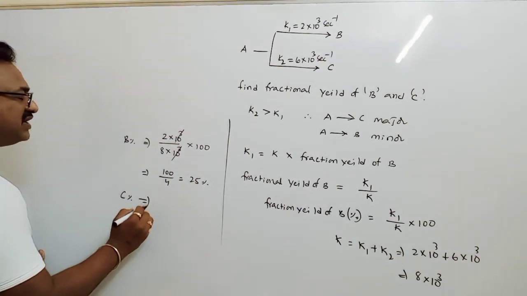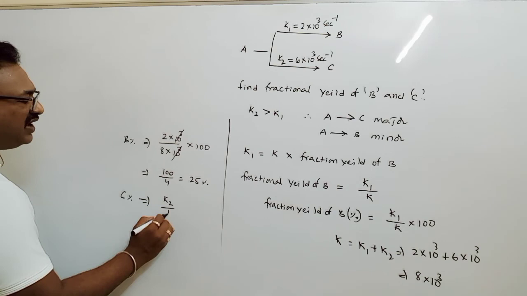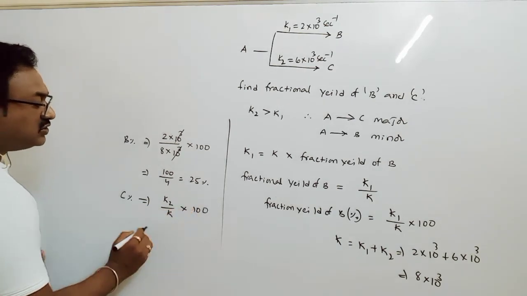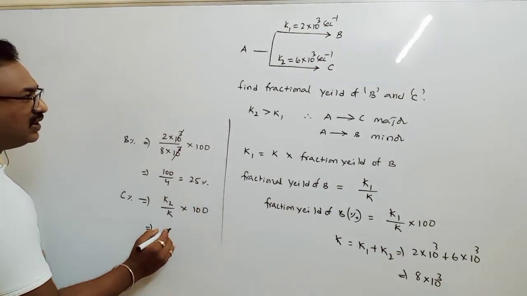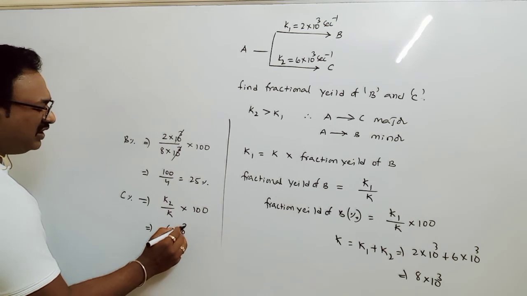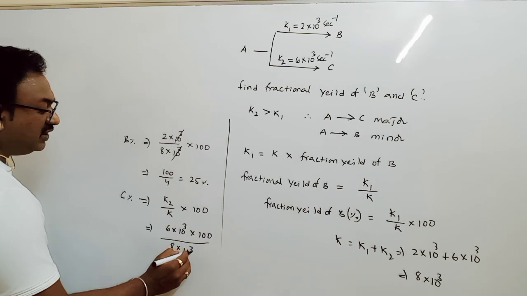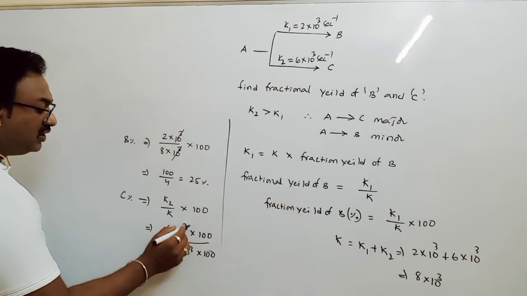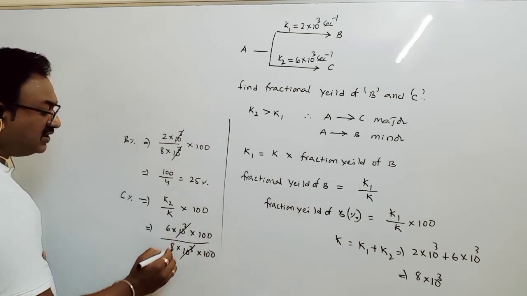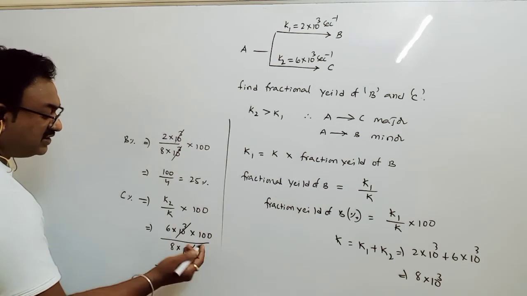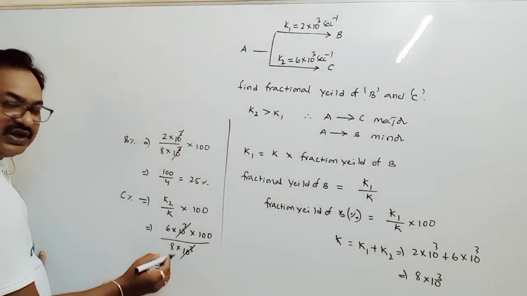Similarly, how much will be the percentage of C? K2 by K into 100. So that will be equal to 6 into 10 power 3 into 100 by 8 into 10 power 3. 10 power 3, 10 power 3 get cancelled.